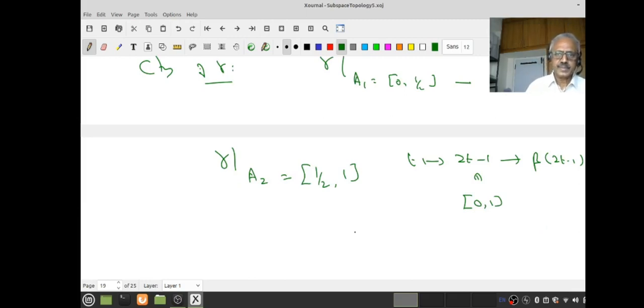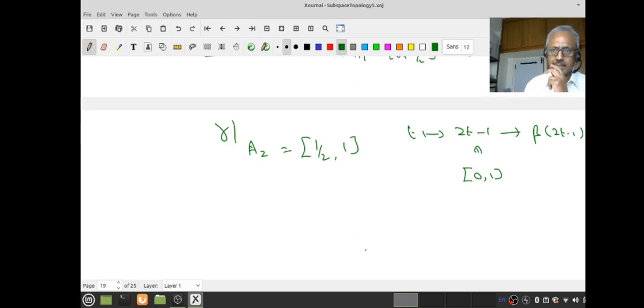These are the small things you should learn to check. I find many students who are struggling do not, because teachers will very quickly write it and say it's continuous, and many students do not know what is there to check. We are checking all those things, right?